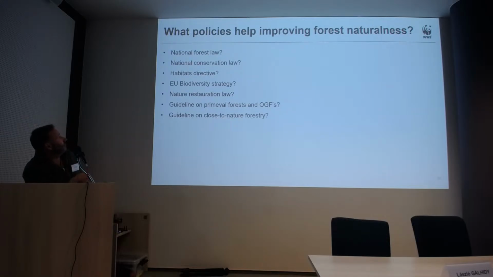Okay, the National Forest Law, which I mentioned before, the new forest management law, is a step forward because it uses the naturalness categories. And there is also a prescription that if you have a forest with a certain level of naturalness, you cannot deliberately do nothing and step back. So you have to keep it at least at that level of naturalness.